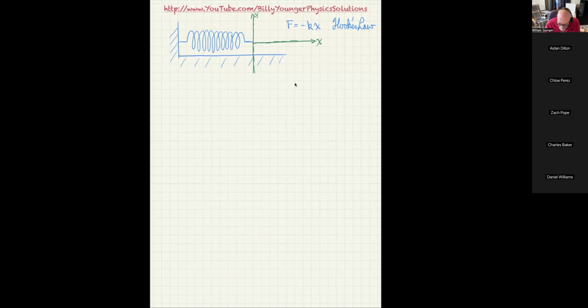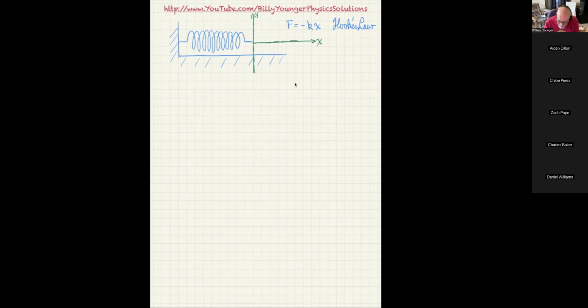So if you pull on the spring to the right, then the x is going to be a positive value. So if you plug in the x in F equals negative kx, you get a negative k times x. That negative is showing you that Hooke's law says the force that the spring is going to put on you when you stretch it out to a positive x is in the negative direction. It's a restorative force. So that's why that negative's in there.